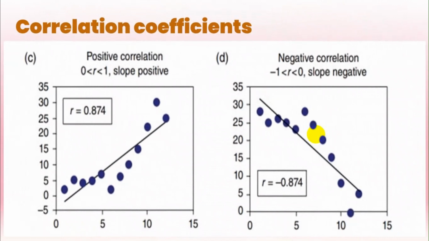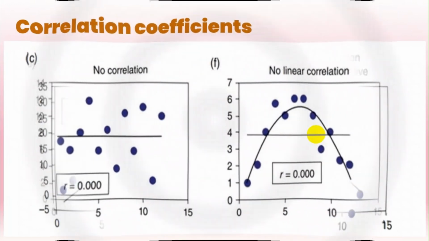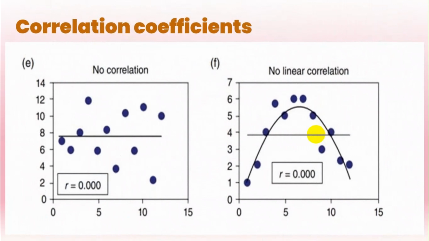And picture C, positive correlation from 0 to 1, slope positive. And picture D, negative correlation from -1 to 0, slope negative.